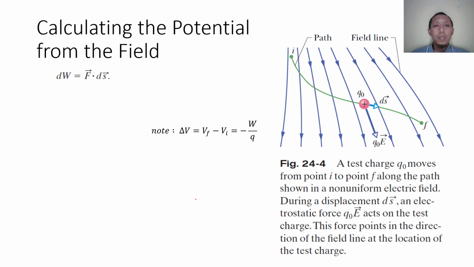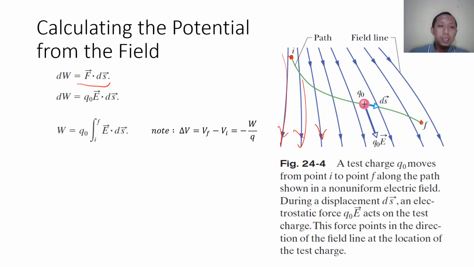So like this one, calculating the potential from the field: this is the initial point here, this is the path, this is the electric field, and this is the final point F. So the dW, or the work on the charge, is F dot ds. F is the force and ds is the actual path of the charge from initial point to final point.